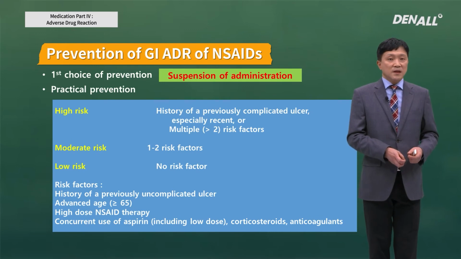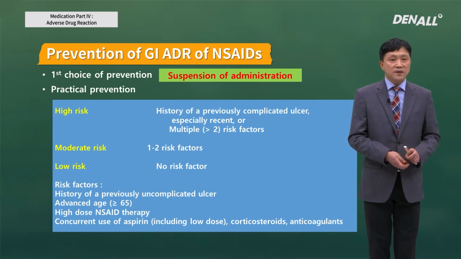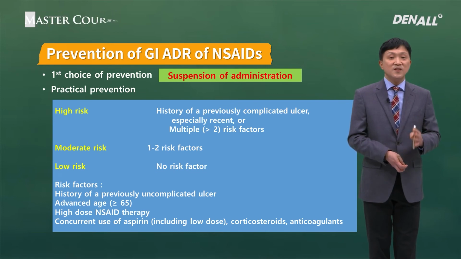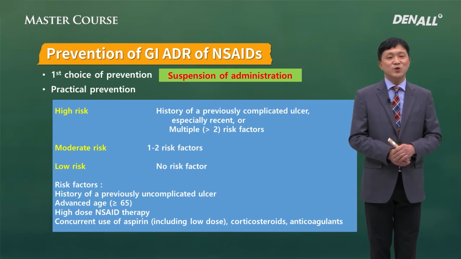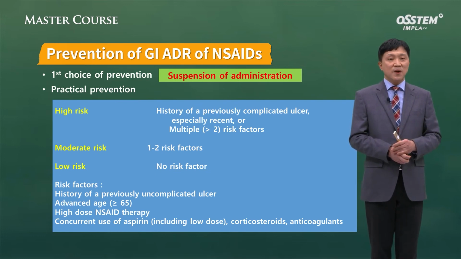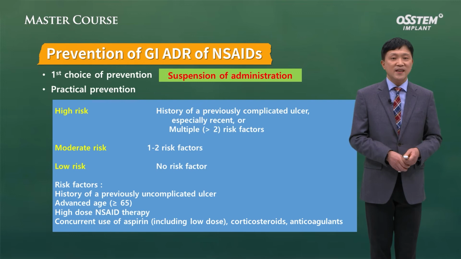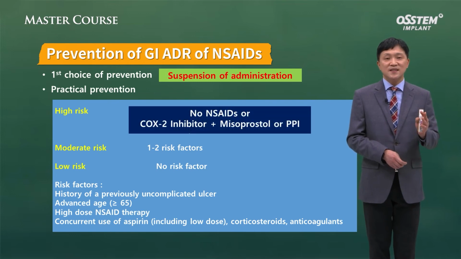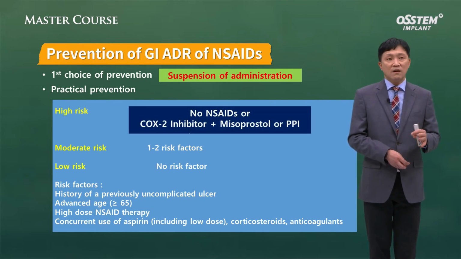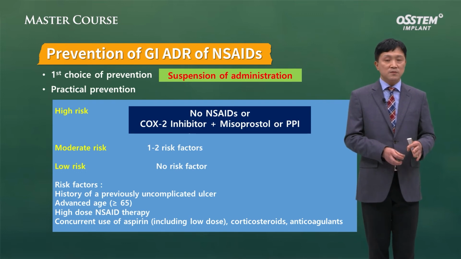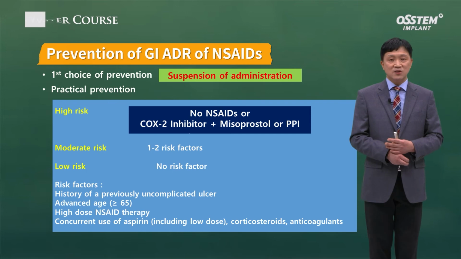Prevention of ADRs of NSAIDs. First choice is suspension of the NSAID. NSAIDs should not be given, and patients need to be evaluated. If the patient has a high risk, no NSAIDs; celecoxib, rofecoxib, a COX-2 inhibitor plus misoprostol or PPI can be used.